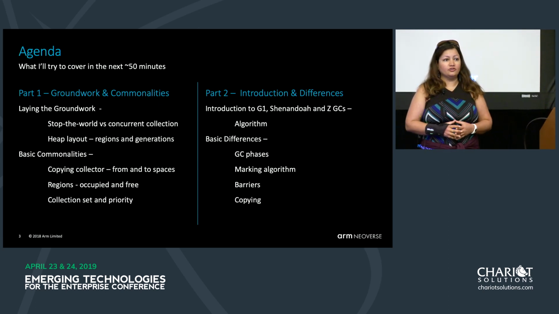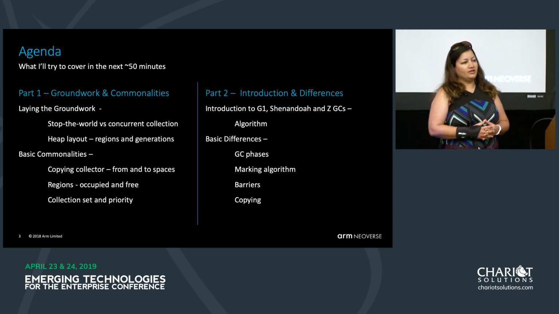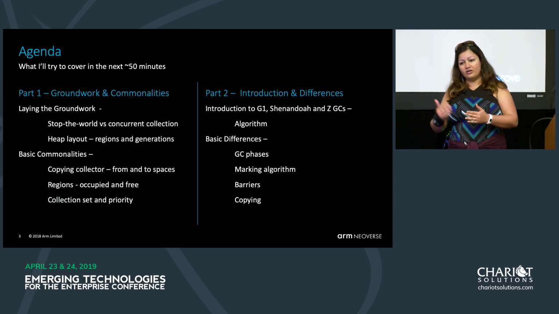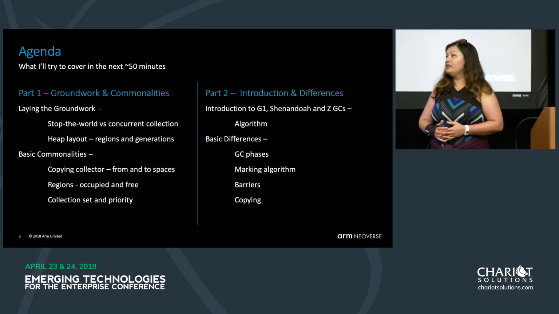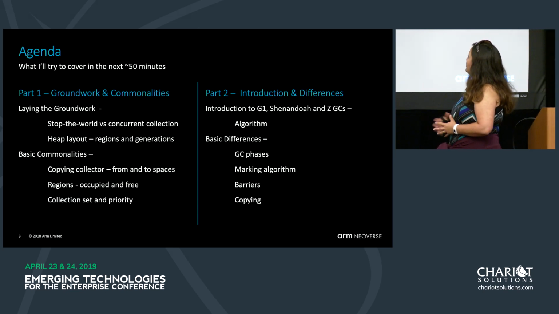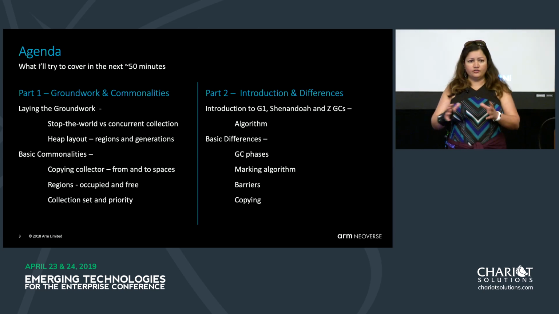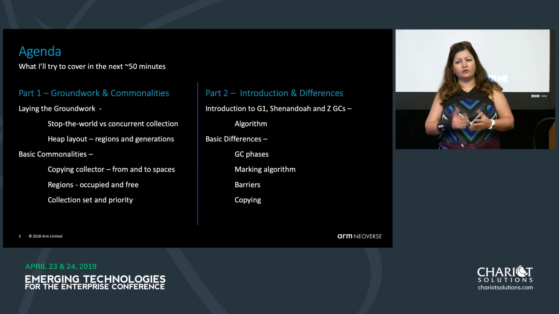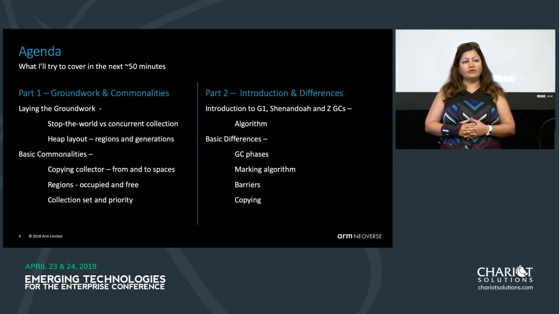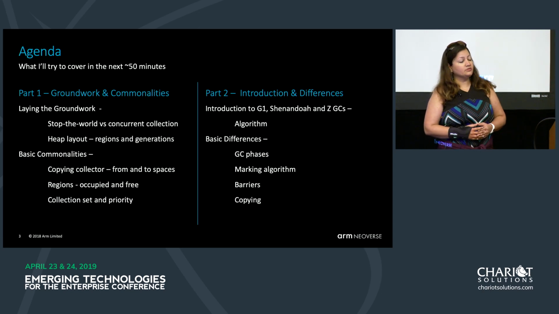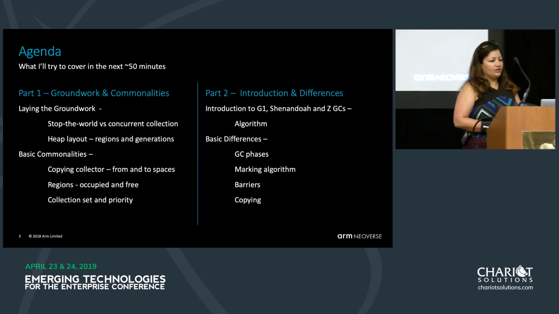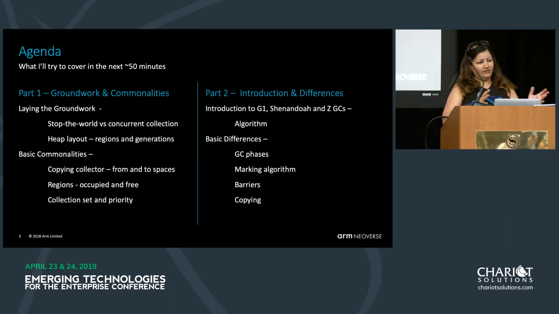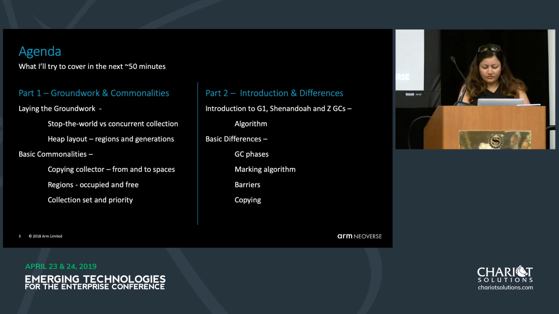Certain terminologies like regions and collection set, I'll try to cover that first, because this is common for all the collectors I'm covering today. And then I'll talk about individual differences in algorithms for marking and how the compaction and copying happens. So you will see 2 different sets, and then there'll be a transition. So just trying to prepare you for that.